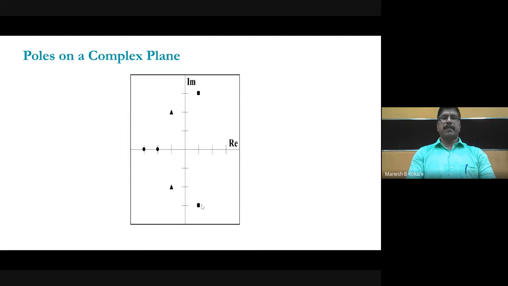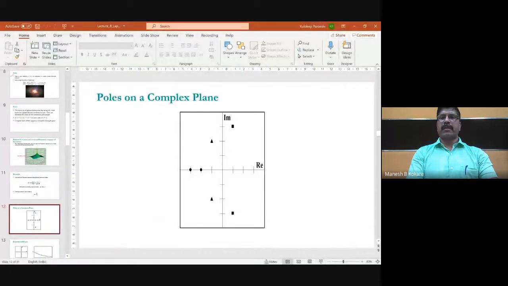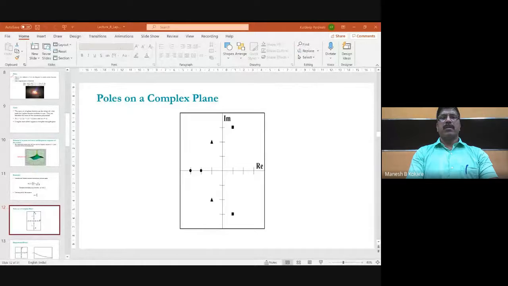Yes, please. Am I connected or disconnected again? Am I audible to you people? Yes, please. Yes, sir. Okay, so have you got the concept of how to plot the poles and zeros on a complex plane?